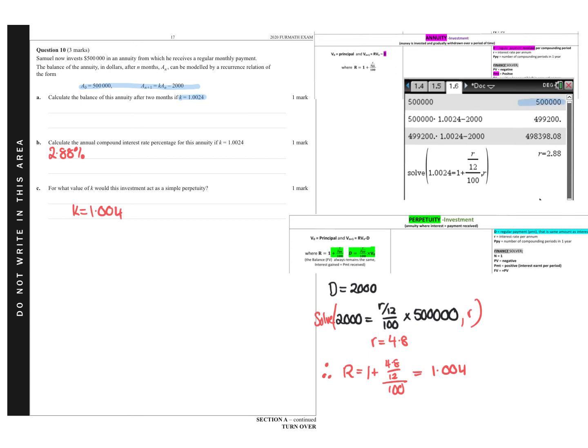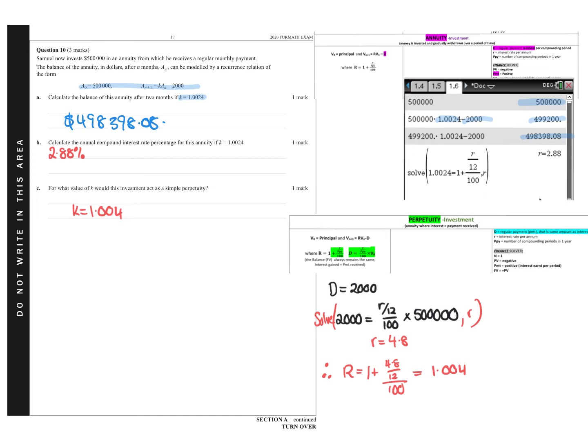You put 500,000, then if K is that, I'm going to times it by 1 point and take away. So this would be 1 month and then 2 months. The 2 month balance would be 498,398.08.